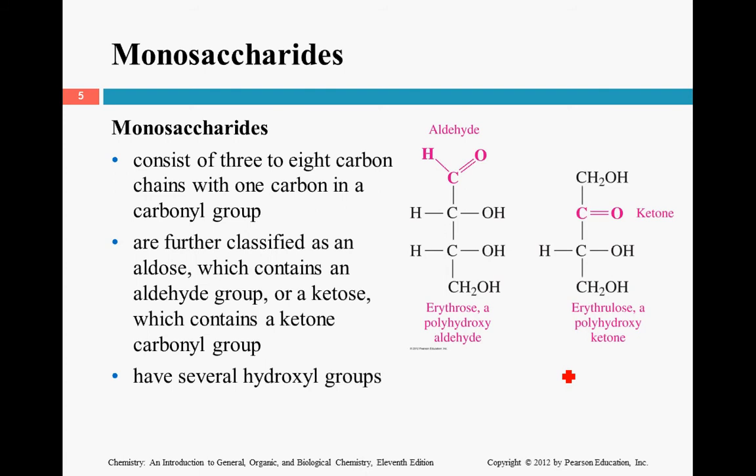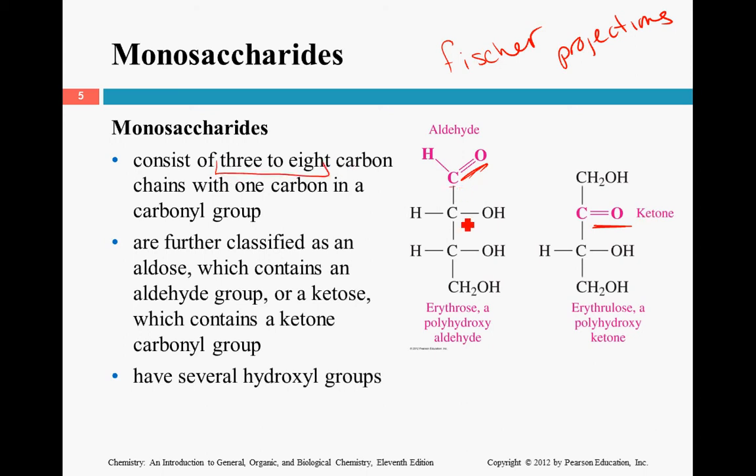Alright, so this should look familiar from the last chapter when we were talking about Fischer projections. Notice that the double bond is always the furthest up. That was done deliberately, because the most oxidized one will be on the top. Monosaccharides contain 3 to 8 carbons.